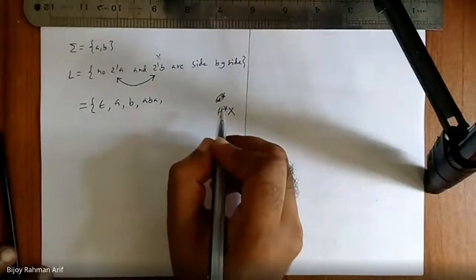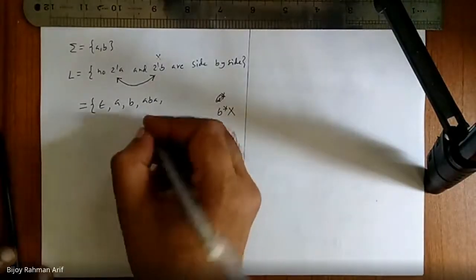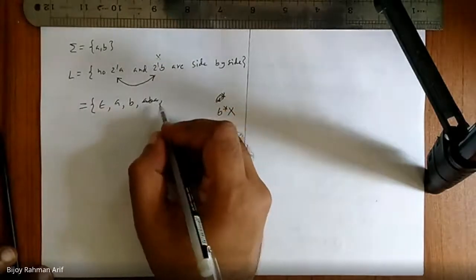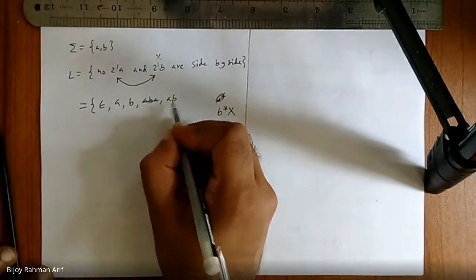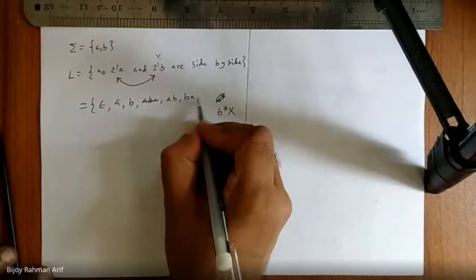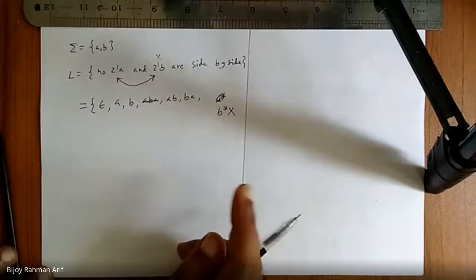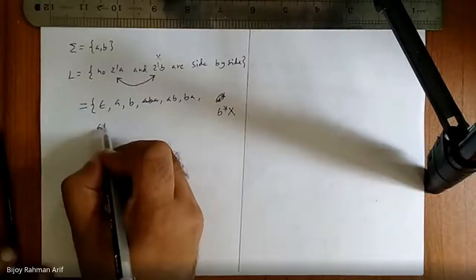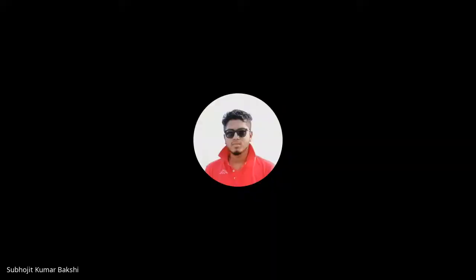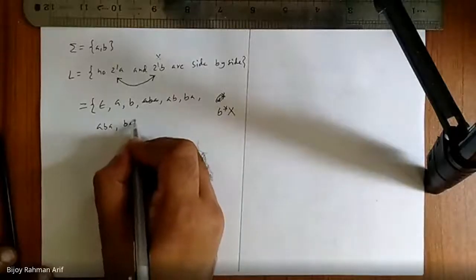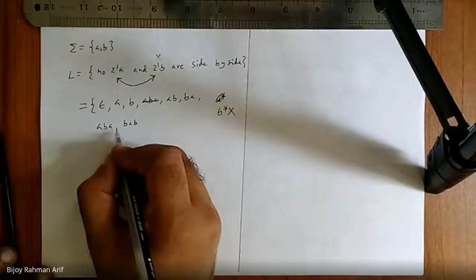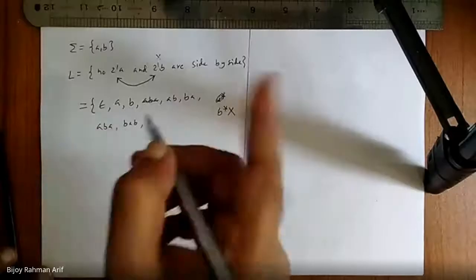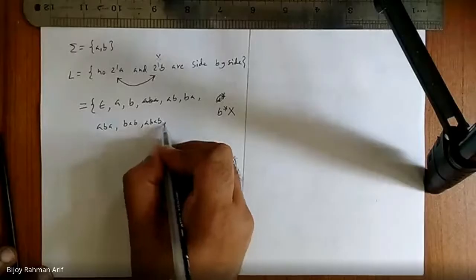Then in the second line: AB, then BA, B. Then in the third line: ABA, then AB, BAB. Then ABABAB, and then in the fourth line: ABAB. So this way it will continue.